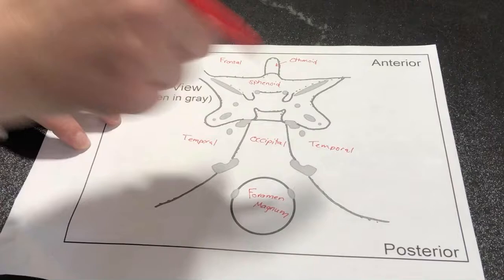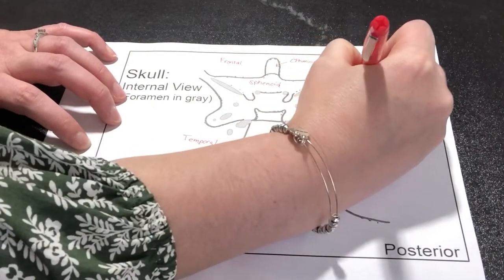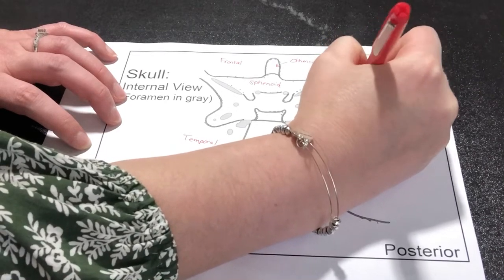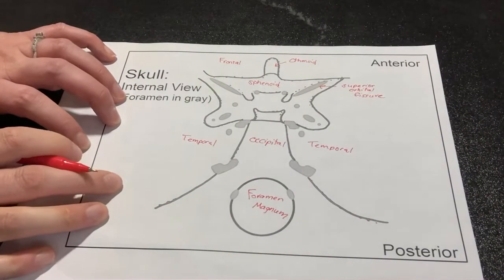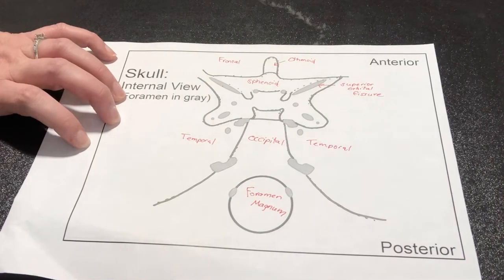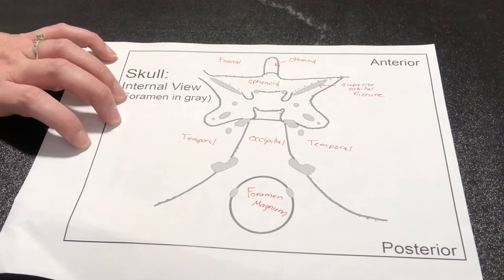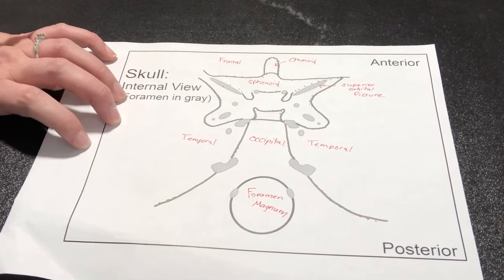So these two are your left and right superior orbital fissures, because they come out in the orbit, and fissure because they're a slit-like opening. Now if you were to stick a pipe cleaner through these, it would be in the posterior wall of the orbit. So that same slit-like opening you see from the anterior view.